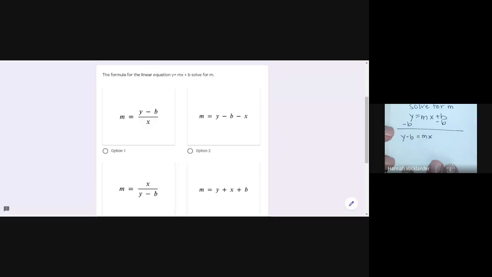And to get m by itself, since it's being multiplied by x, I'm going to divide, because the opposite of multiplication is division. I'm going to divide by x on both sides so that m is by itself. So those x's will cancel and I'll be left with m on the right, and on the left I'll have y minus b divided by x.